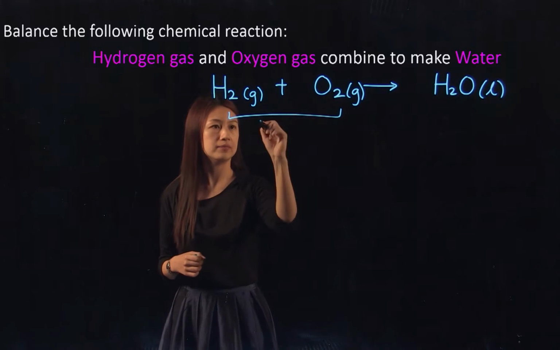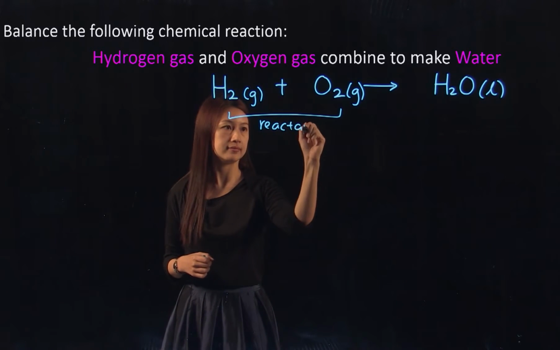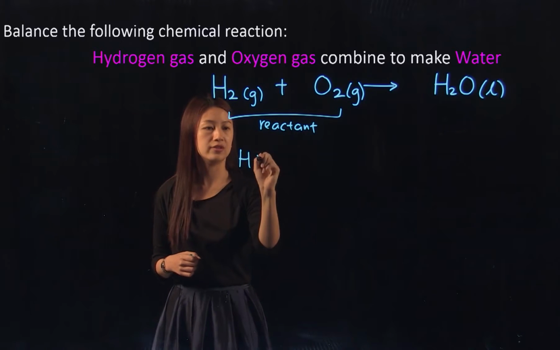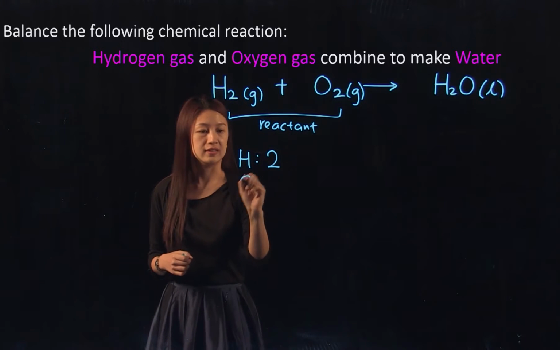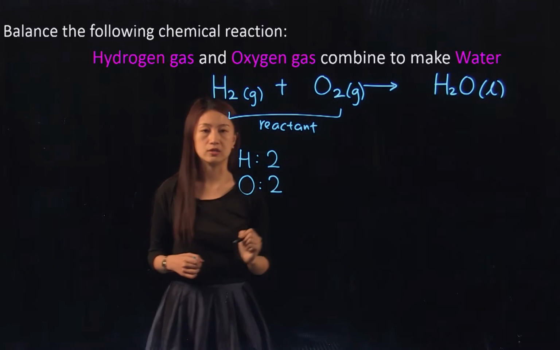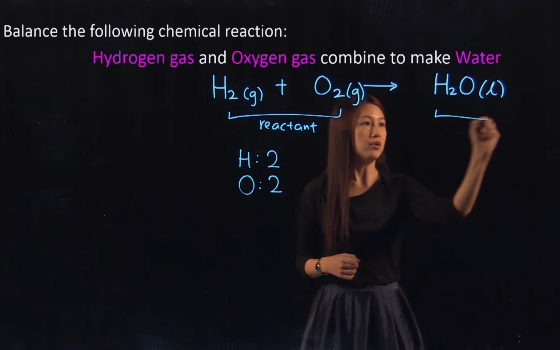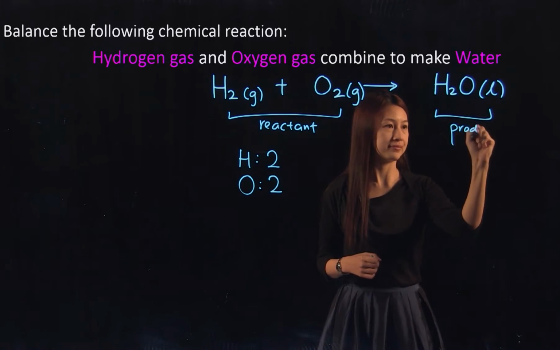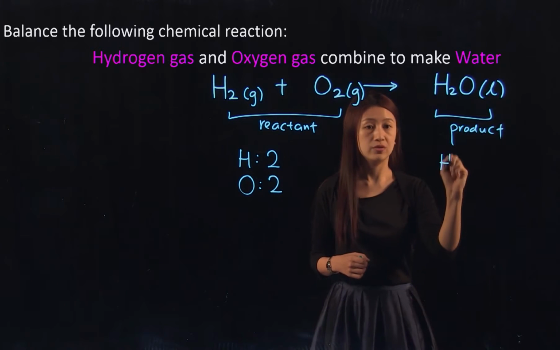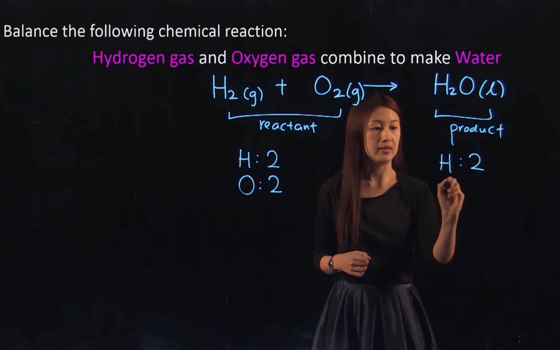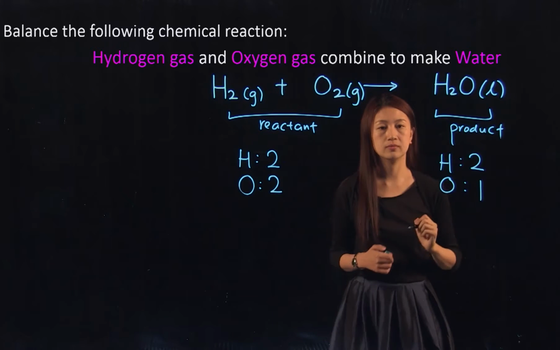On the reactant side, I have 2 hydrogen and 2 oxygen. On the product side, I have 2 hydrogen and 1 oxygen.